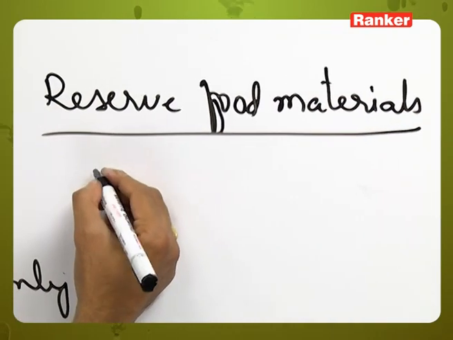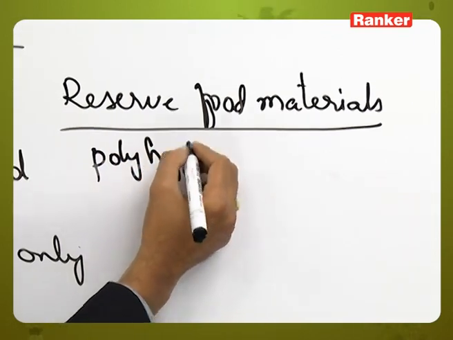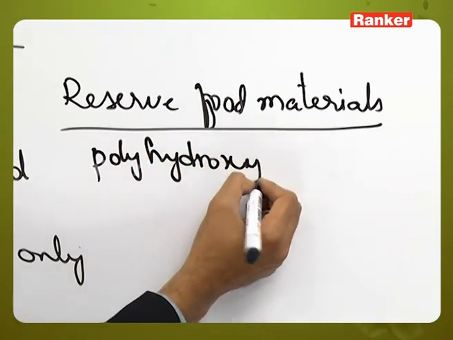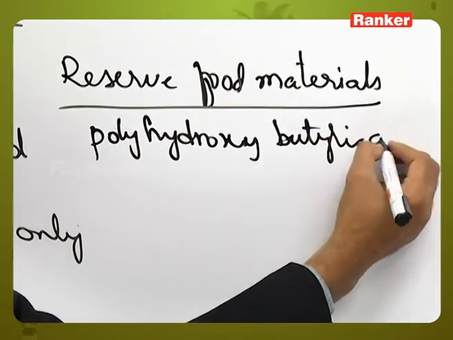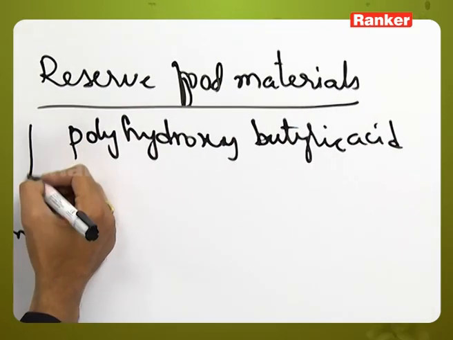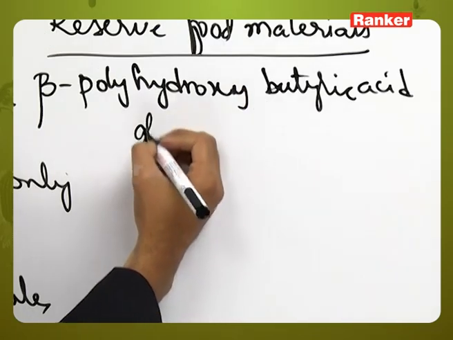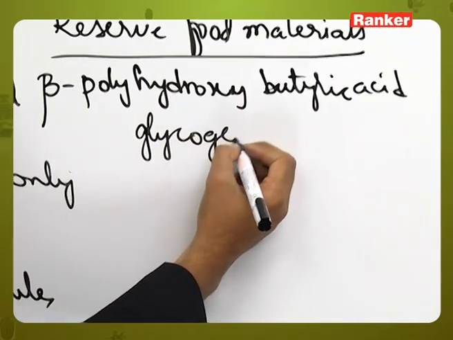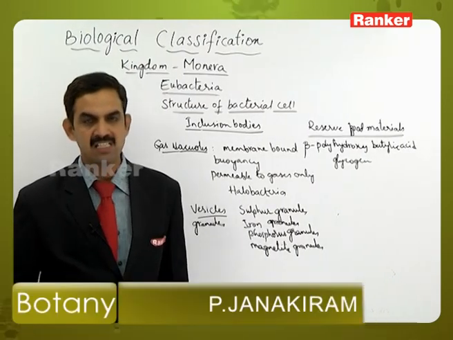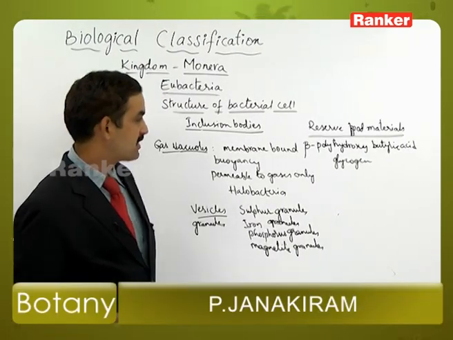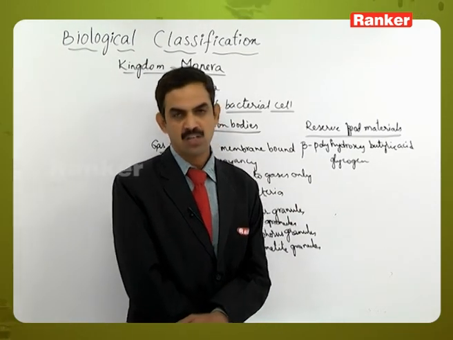It will be in the form of polyhydroxybutyric acid, or we can call it beta polyhydroxybutyric acid, and some will be in the form of glycogen molecule. Glycogen is a type of polysaccharide molecule. Likewise the reserve food material will be stored in the form of poly beta hydroxybutyric acid or glycogen granules.